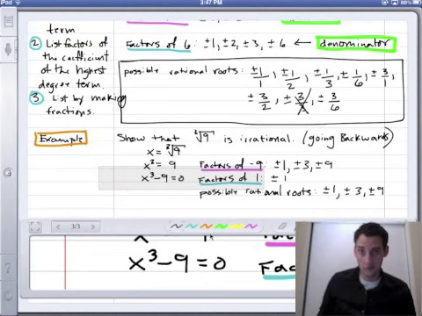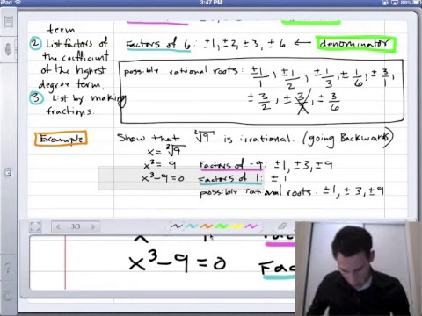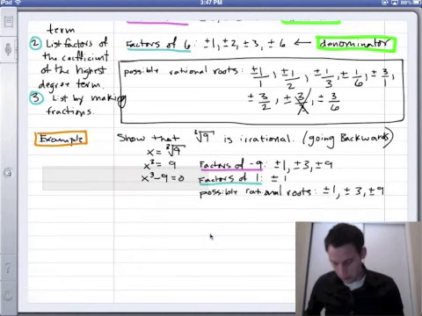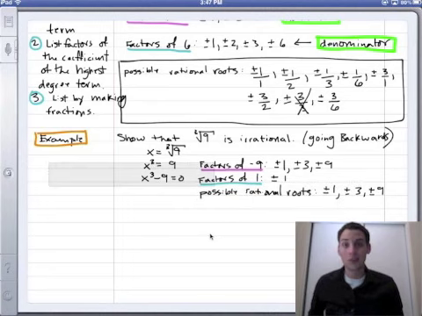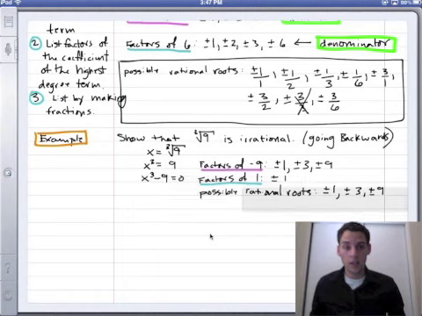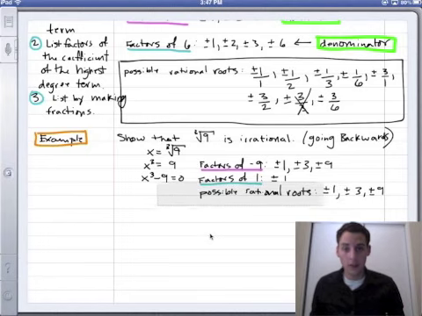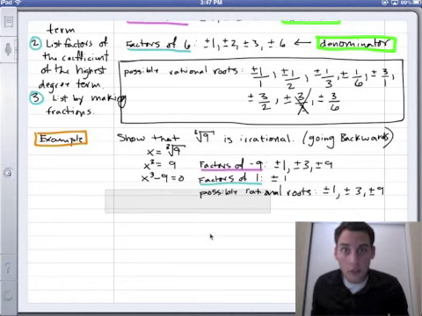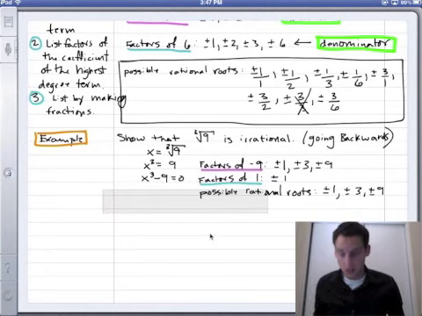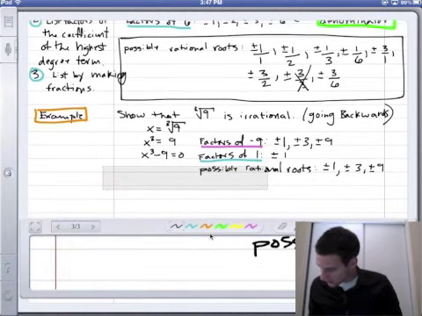Negative 8 is not 0. Doesn't work. What about 3? 3 cubed is 27 minus 9. That isn't 0 either. 9 cubed, it's not 0. None of these roots work. So, since these are the only possible rational roots, this equation has no rational roots.